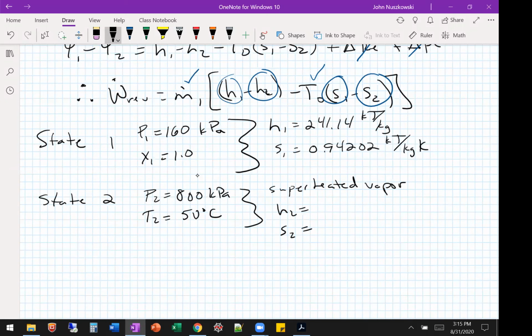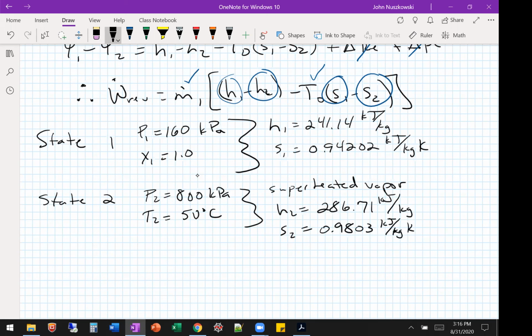And then enthalpy, 286.71 kilojoules per kilogram for state 2. And then entropy for state 2, 0.9803 kilojoules per kilogram Kelvin.